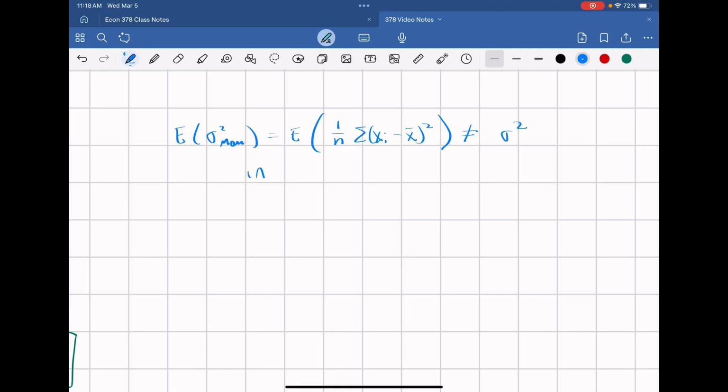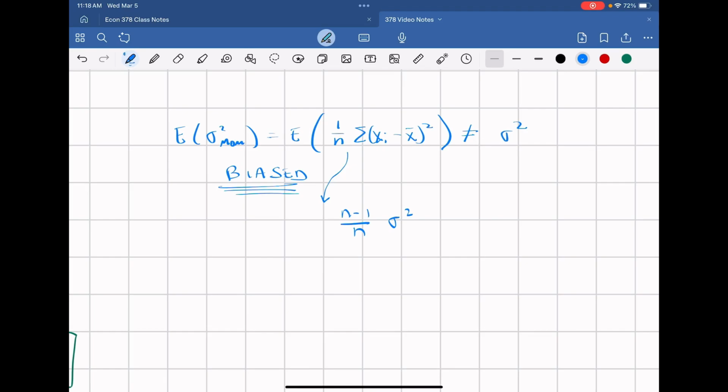So this means that it is biased. But the question we want to ask is, if that's biased, is there something else we can come up with that might be unbiased? Because this right here was n minus 1 over n sigma squared.